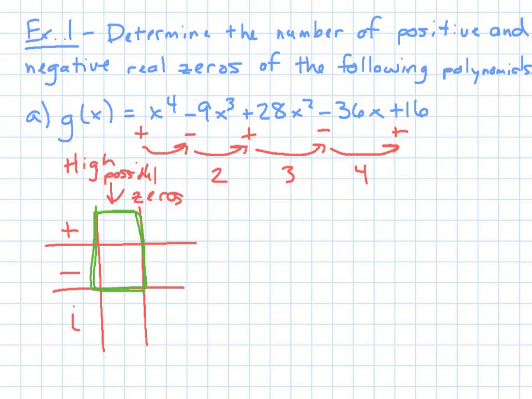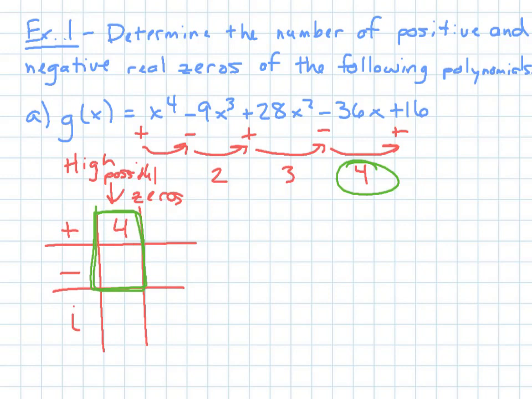Okay? So here, because the highest number was a 4, that's what I'm going to put in. That tells me that because of all the changes in signs, the most possible real zeros I can get are 4.